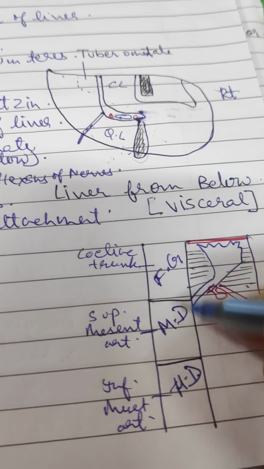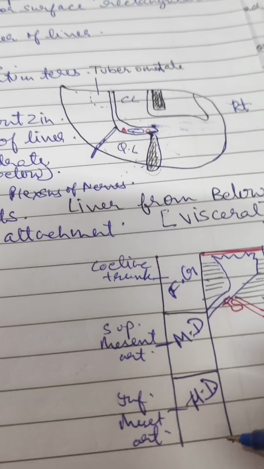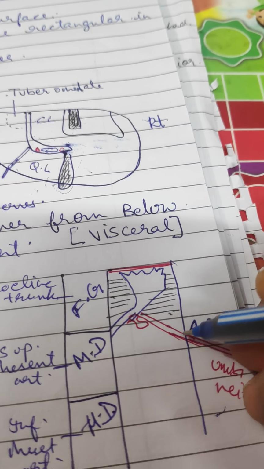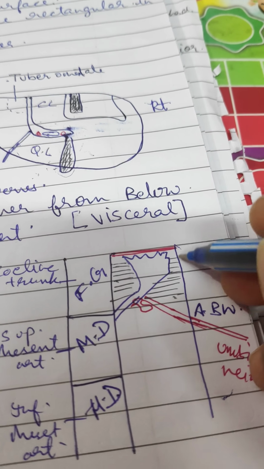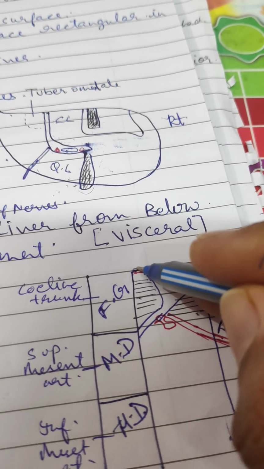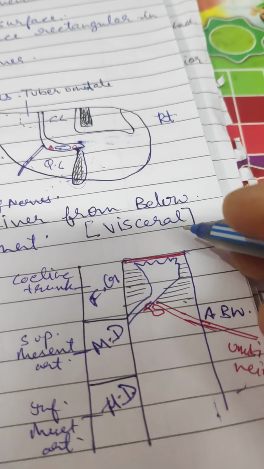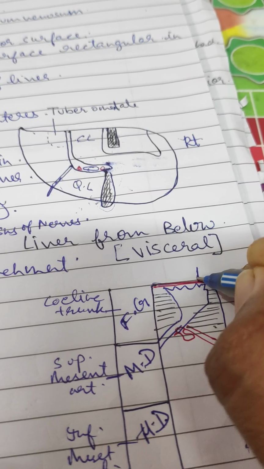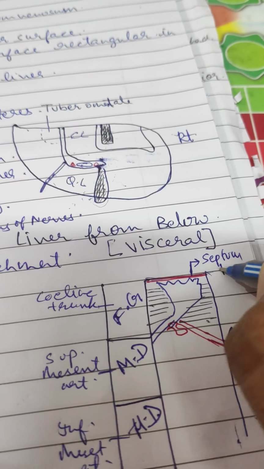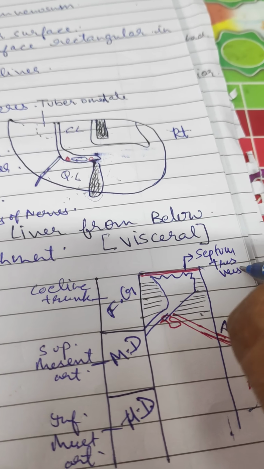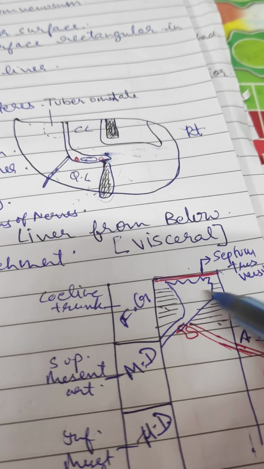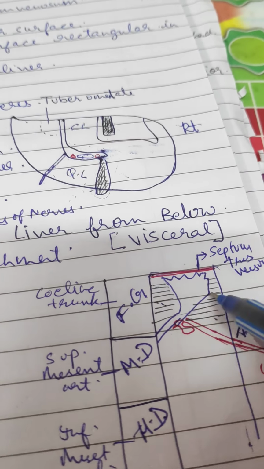A simple straight tube is formed in the beginning embryologically, and this is the anterior abdominal wall of the fetus. Here this is septum transversum, which will develop into diaphragm further. And this is ventral mesentery. All this is ventral mesentery tissue inside there.